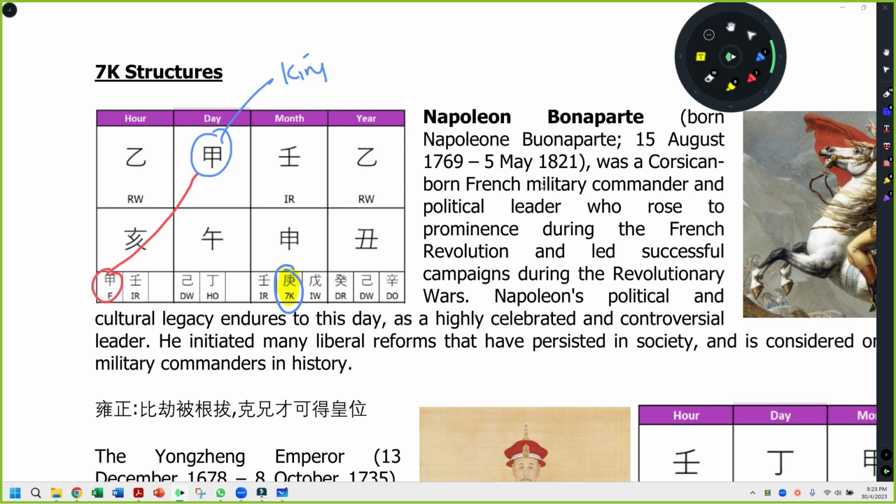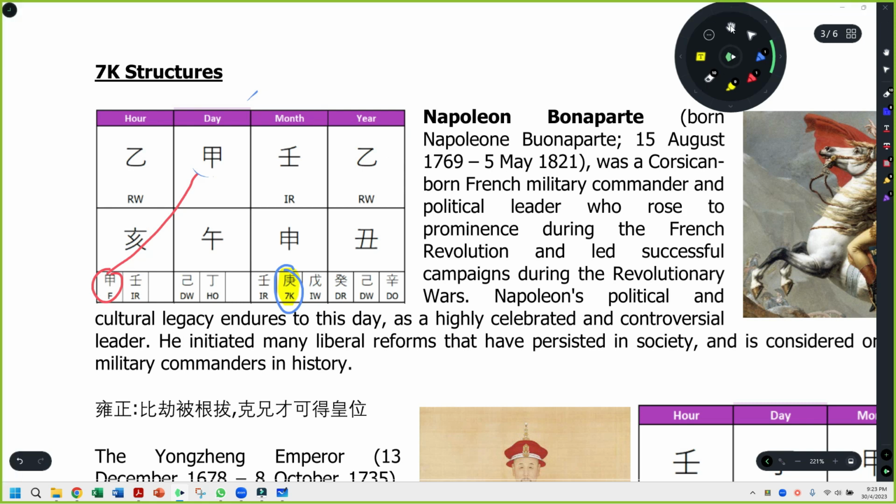One thing to understand is why, because the 7 killing is a metal 7 killing. And of all the elements, metal is the one that kills. Metal is the one that is forged like a weapon. Therefore, of all the types of 7 killing, the Jia 7 killing is the Keng 7 killing. Right, so this will be the 7 killing structure.